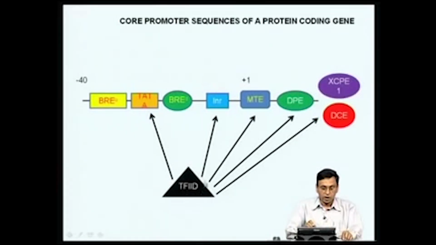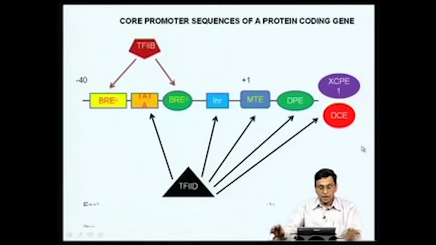But TFIID not only recognizes the TATA box, it also recognizes several other core promoter elements like initiator, MTE, DPE, DCE, and so on and so forth. So already you can see there is a diversity here. So remember, the TATA box is not the only core promoter element recognized by the general transcription factor TFIID. TFIID can also recognize a number of other core promoter sequences such as initiator, MTE, DPE, and DCE, and so on and so forth.